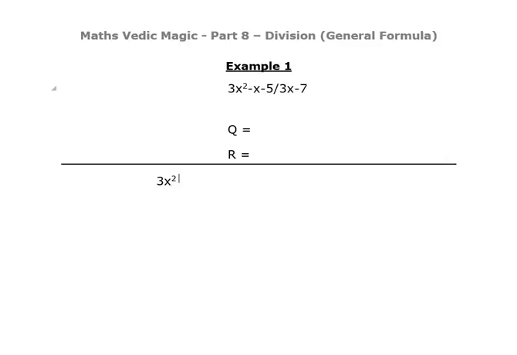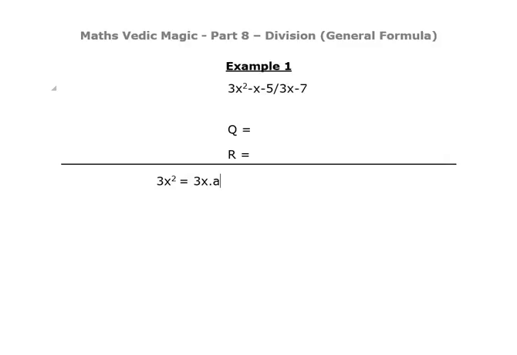Now the technique is: how will you reach this power? How will you achieve this? On the divisor side you have 3x as the highest power, multiplied by, I'm using a dot to differentiate it from the x, 3x times, let's say, a.